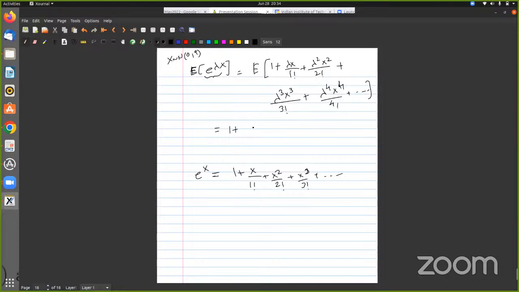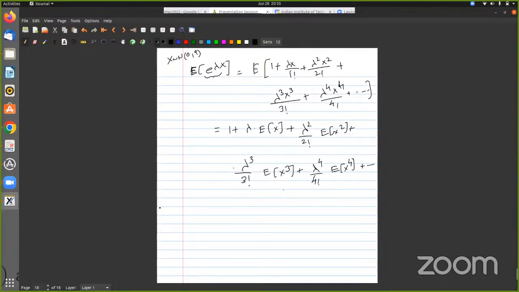So 1 plus lambda times expectation of x, then lambda square by factorial 2 times expectation of x square, lambda cube by factorial 3 times expectation of x cube, plus lambda 4 by factorial 4 times expectation of x4, and like that.